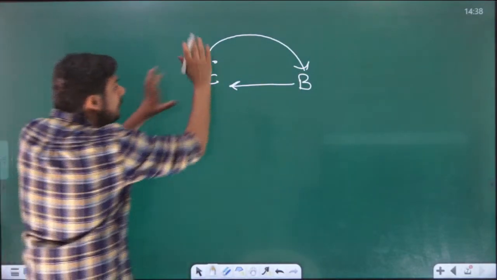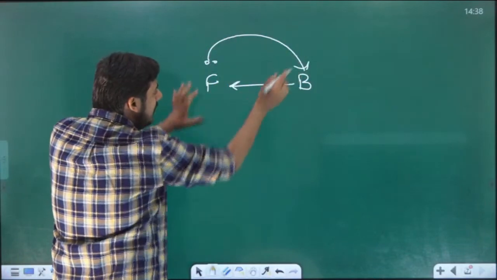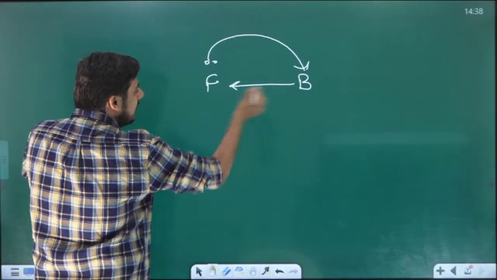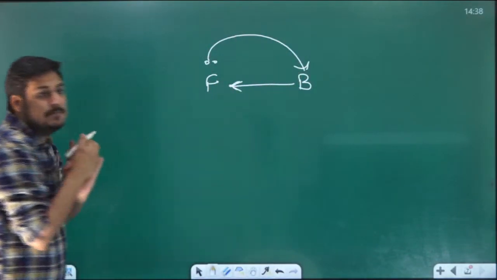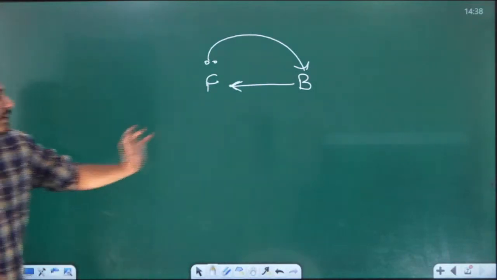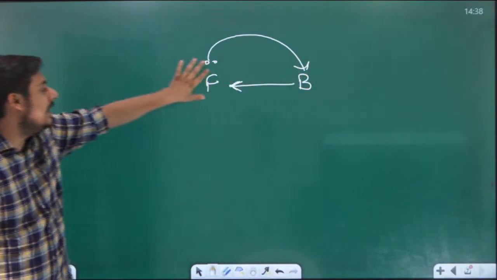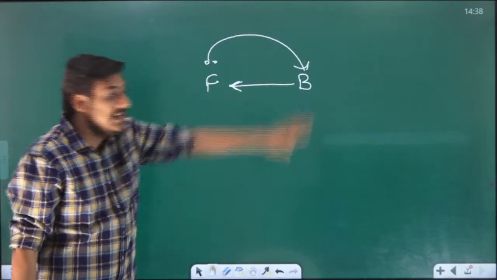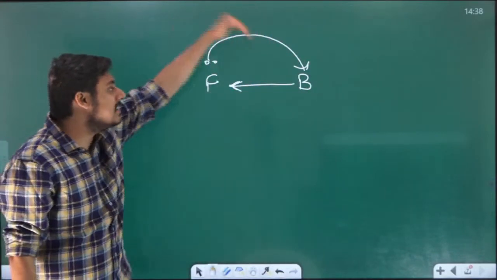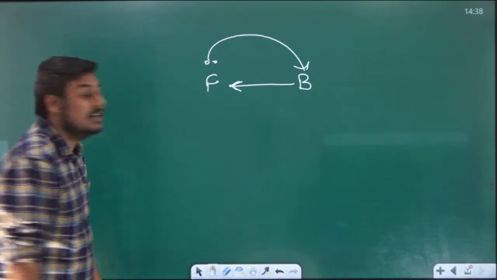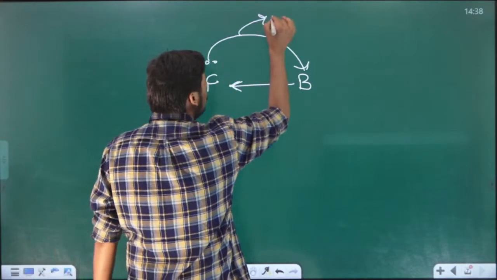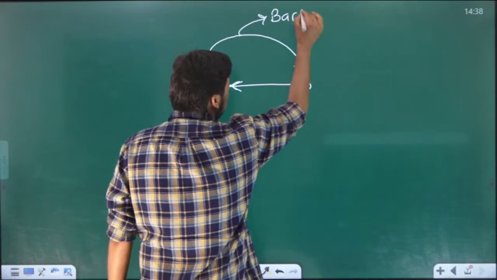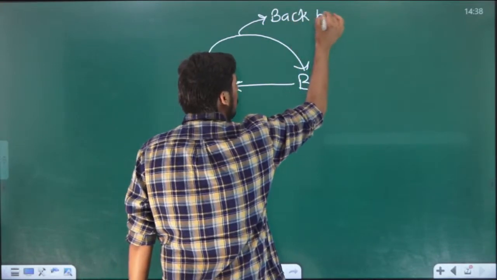So this type of bond is basically in the reverse direction of our sigma bond. In the sigma bond, electron density is moving from boron to fluorine, whereas these lone pairs are moving from fluorine to boron. That means this is in the reverse direction, or we can say back direction. So such type of bond is also known as back bond.